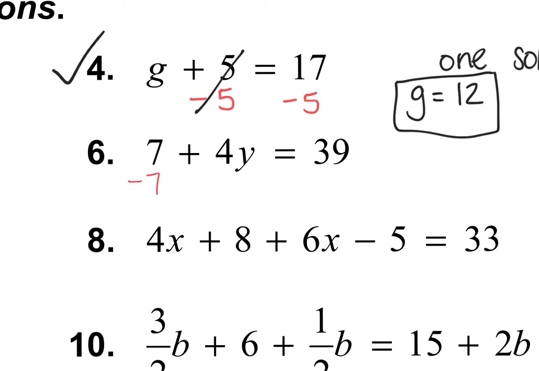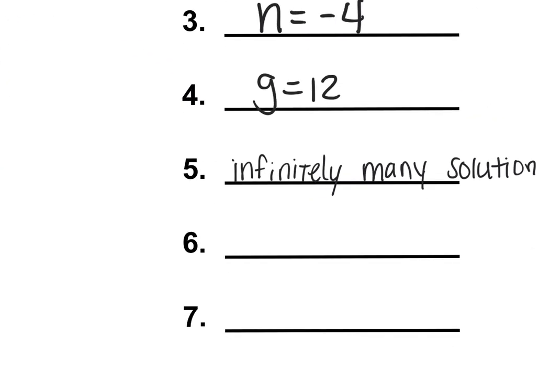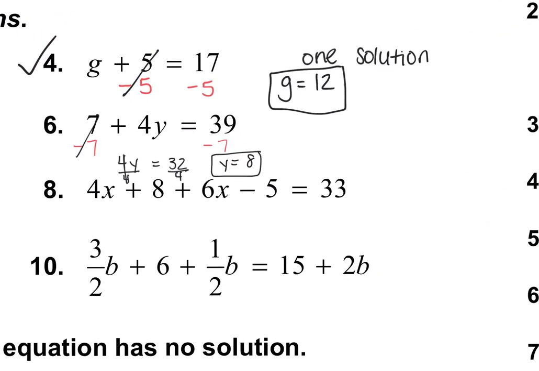We're gonna subtract the 7 from both sides, and we're going to get 4y, because these 7s cancel, equals 39 minus 7, which is 32, and then we just divide by 4. And we get y equals 32 divided by 4, which is 8. So y is equal to 8. And that is one solution.